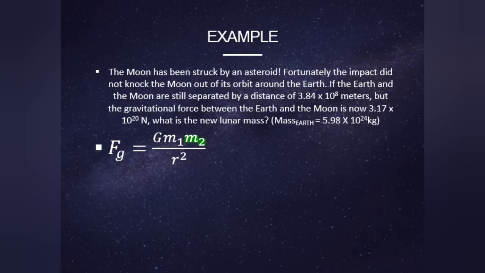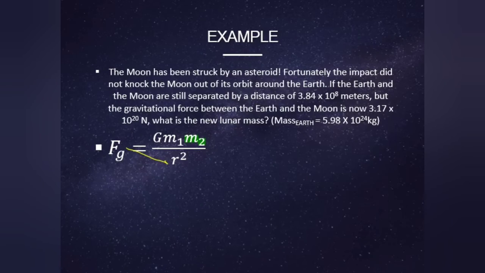So we have our equation, but instead of looking for Fg, we are now looking for m2, which means we have to do a little bit of maneuvering in order to get m2 by itself. So we're going to move everything else over except the m2.